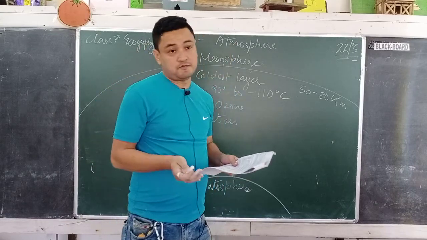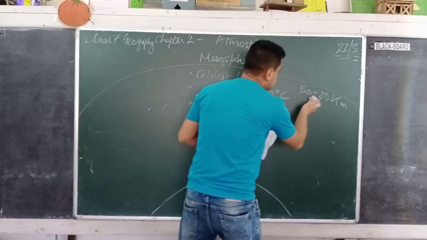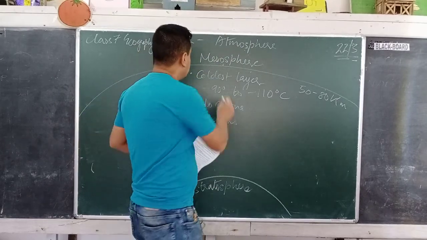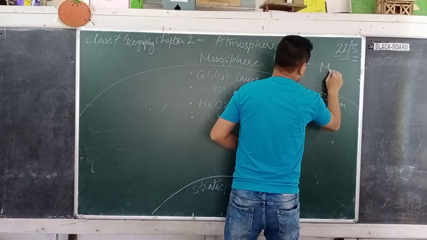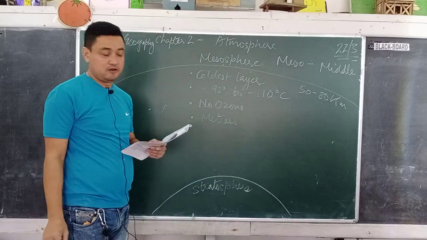So what is the mesosphere? Resting above the stratosphere at a height of 50 to 80 kilometers, you find the mesosphere. The word meso means middle, so it is called the middle layer.